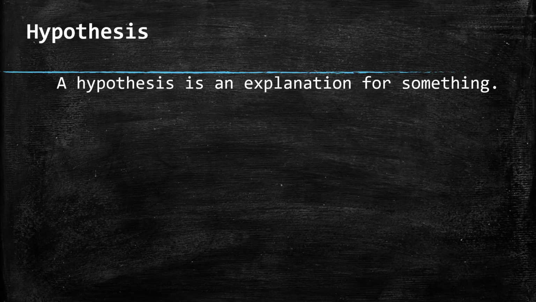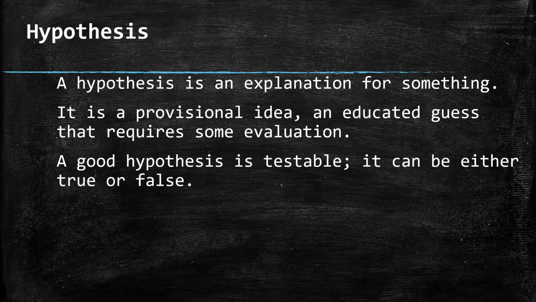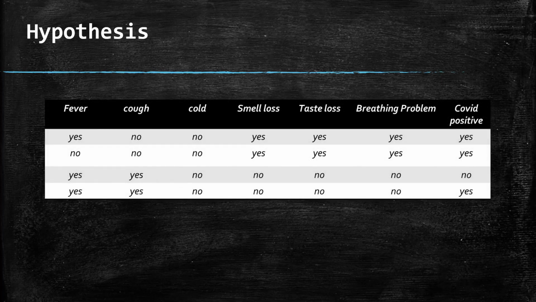Somebody will say bowling is not good, that is his hypothesis. Some other will say fielding was not good, that is his hypothesis. So a hypothesis is an explanation for a concept. It is a provisional idea or an educated guess that can stand some evaluation. A good hypothesis is testable. It can be either true or false.